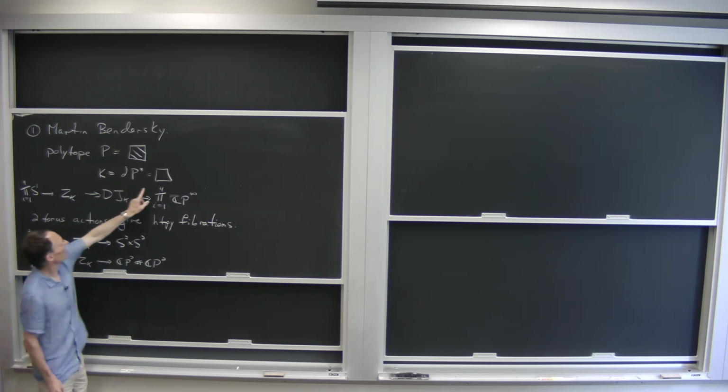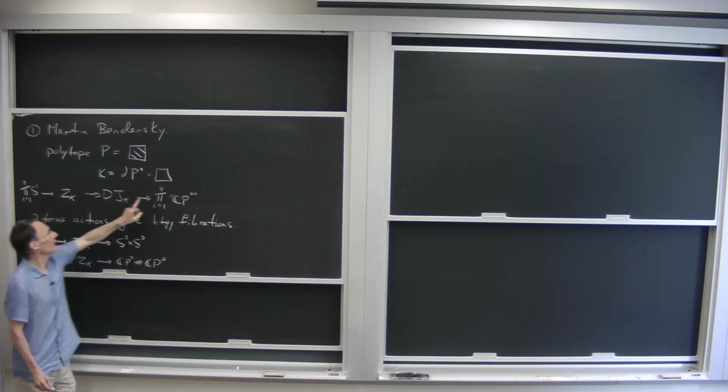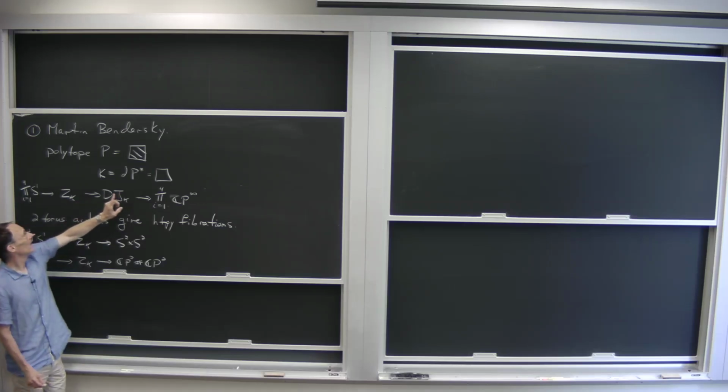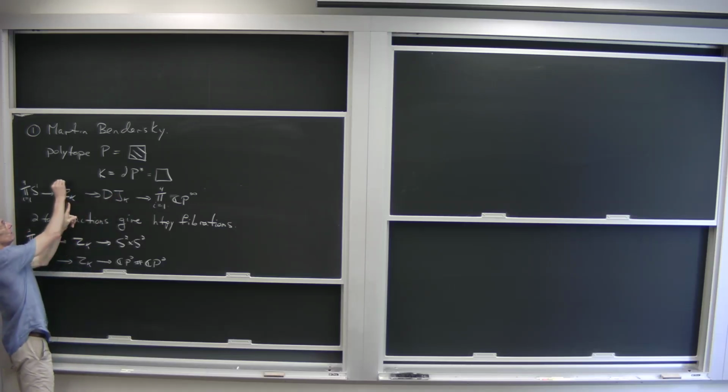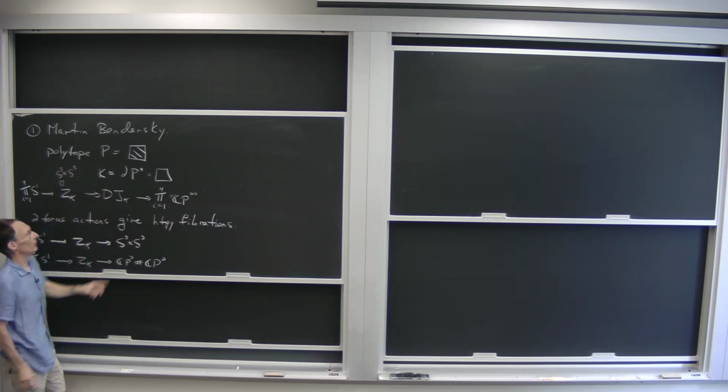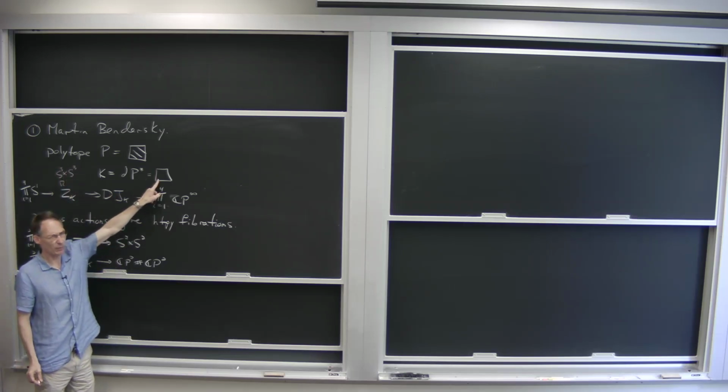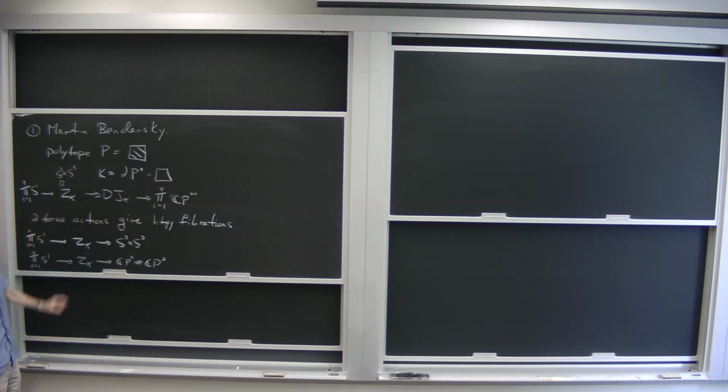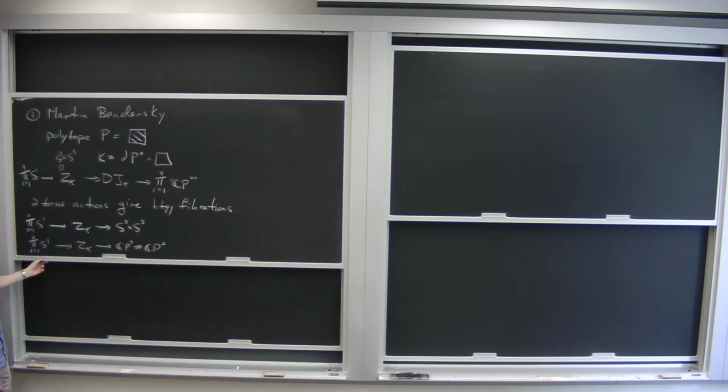So the ZK in this case, you have a square, and it's not too hard to see that ZK is just going to be an S3 cross an S3. The square is the join of 2 copies of S0, and each S0 corresponds to an S3. So you have 2 tori mapping into a product of S3 and S3. So this is null homotopic, and so is that one.